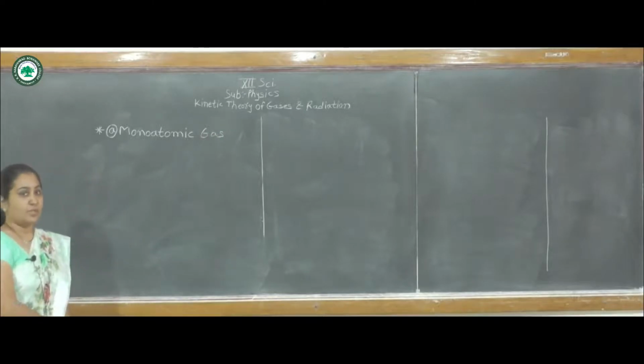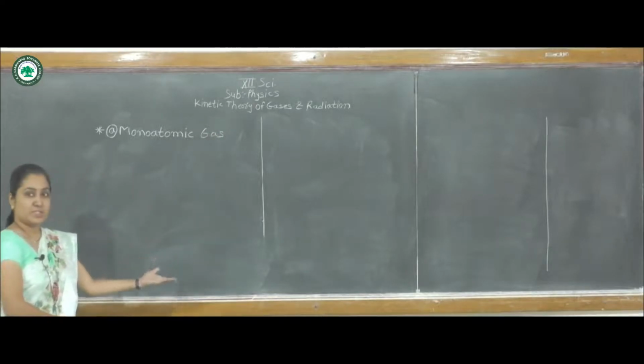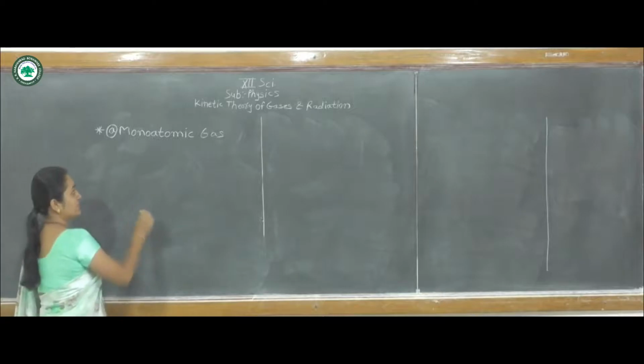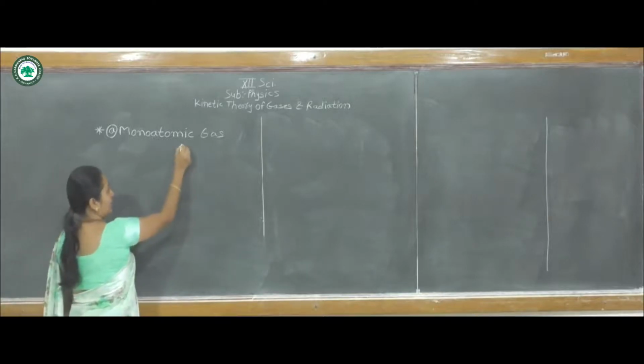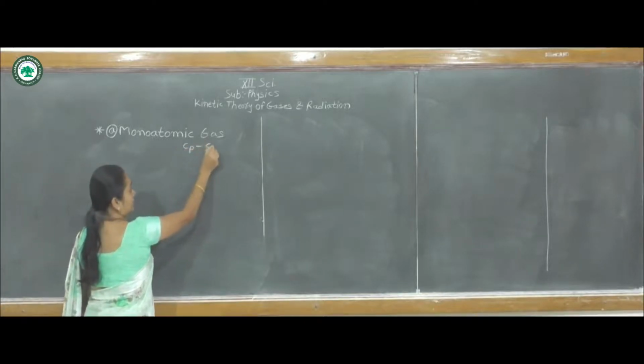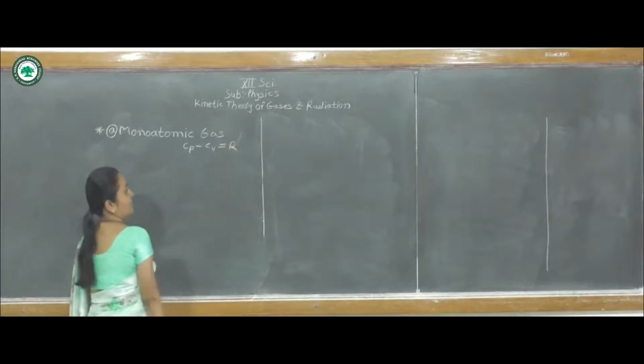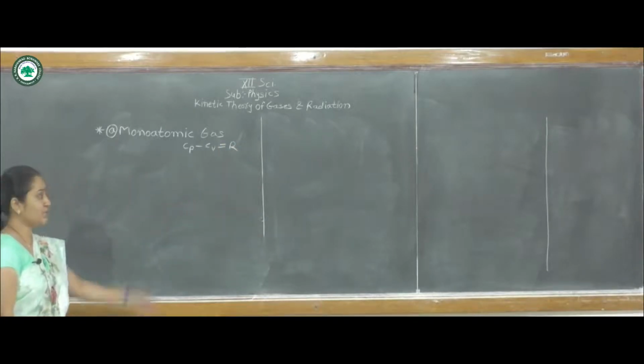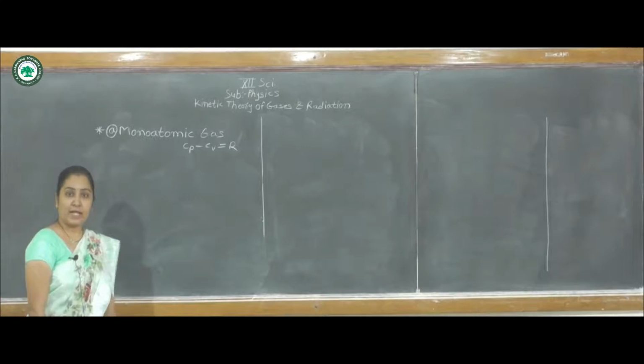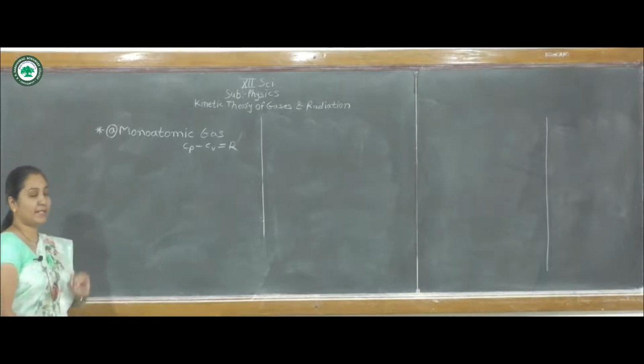All these derivations are based on the Mayer's relation equation, that is Cp minus Cv equal to R. So by using this equation we can calculate the values for different gases.